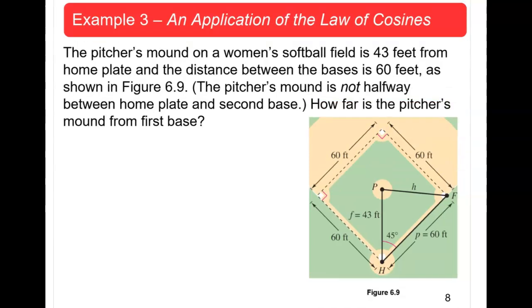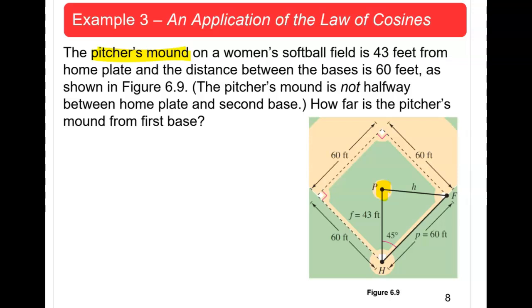So example 3, I'm going to read it. The pitcher's mound on a women's softball field is 43 feet from home plate. So the pitcher's mound is positioned in the center of the baseball field or softball field.